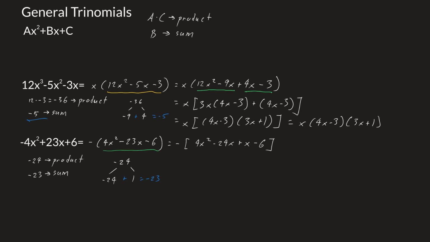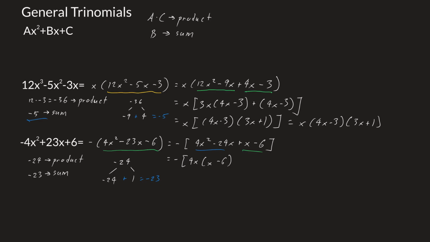Okay, now let's do group factoring. So the first two terms, boom, and then boom. Okay? All right, so I could yank out a 4x from the first two terms. 4x, that means I'm left with an x here, and then a minus 6. Oh, what do you know?